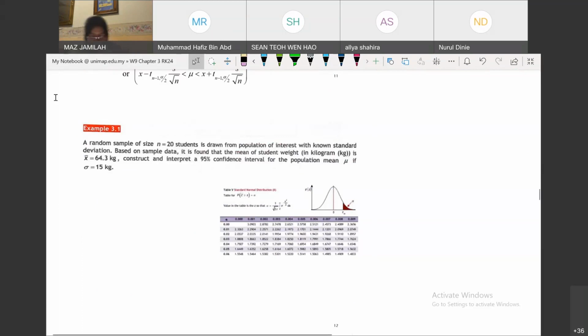Now I realized, when I see the way you do your tutorial class, before I go through example 3.1, that some of you make a habit of doing a solution without putting in the initial process of your solution.